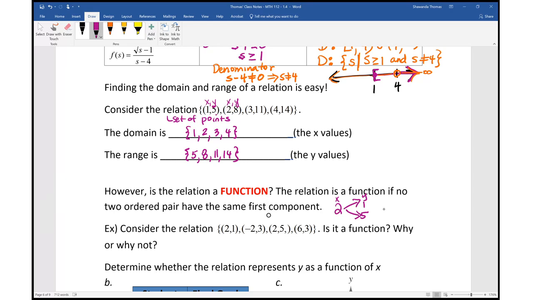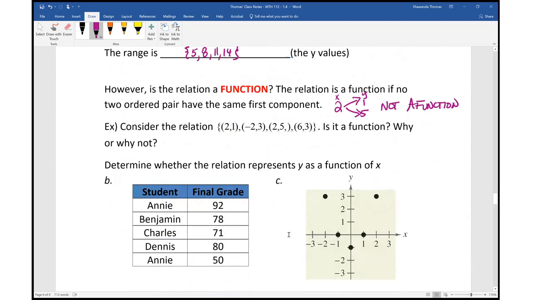So this is not a function. However, the one earlier is a function because there is an x value going to one y value. You know that if we plug 1 in, we get our 5. We plug in 2, we get our 8. But in the second situation, is it 1 or is it 5? All right. So that's not a function.